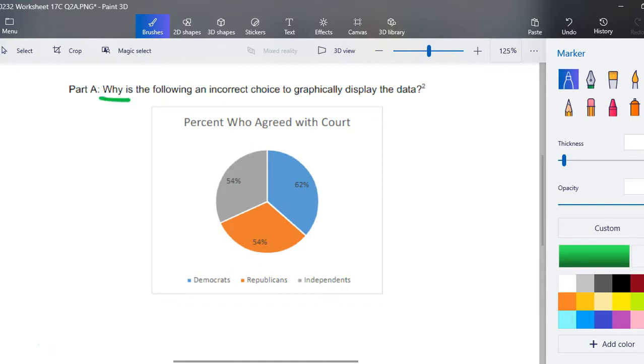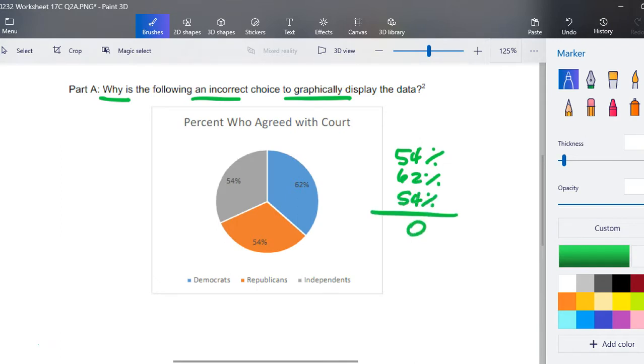It says, why is the following an incorrect choice to graphically display the data? Go back and look at the chart. A pie chart is good to use when you're displaying parts of a whole. With that being said, these percentages are not parts of a common whole. Another thing I'd like to do is add them up, because they should be 100% exactly.